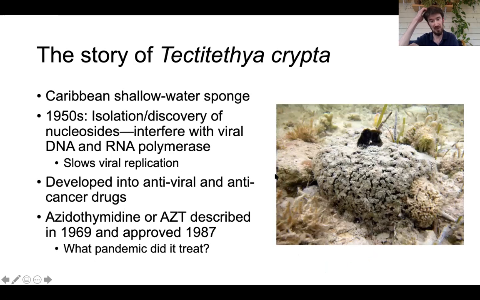So I'm going to shift gears a little bit, but it's going to give you some real world grounding into why we would care about networking these related molecules, especially when we don't actually know what they do. We might not know what any of them do, or we might know what, say, one molecule in a family does. And that brings us to the story of Tectitethya crypta, which is a shallow water Caribbean sponge.